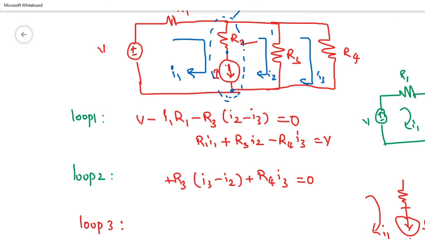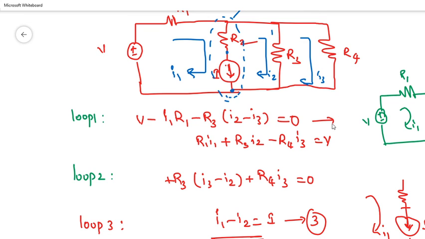So what about I here? How can we write the I value? One current is I1, which is flowing down, and I2 is flowing up. And let us take it like this: I1 minus I2 is equal to I. Yes, we can write it like this. The difference of currents I1 and I2 is the value of this current source, that is I. So this will become the third equation.